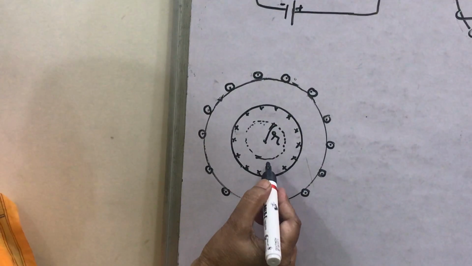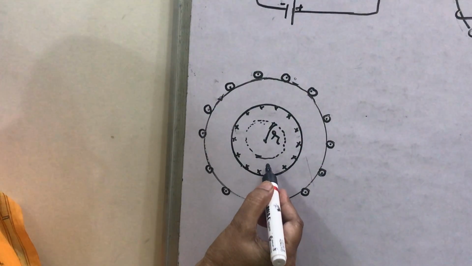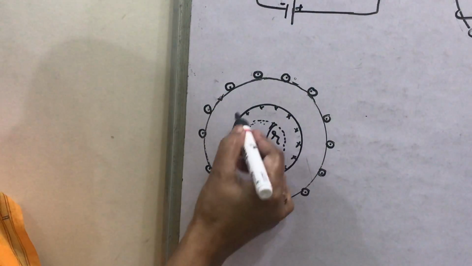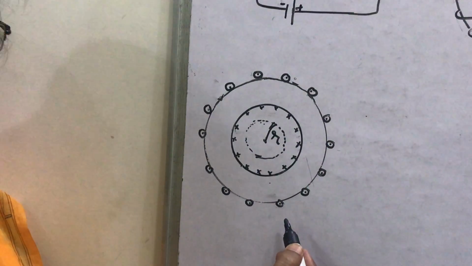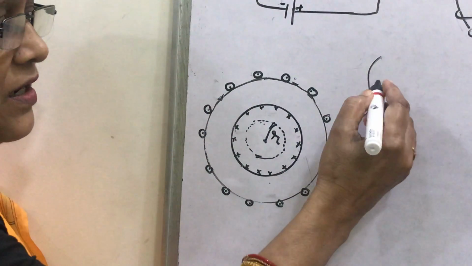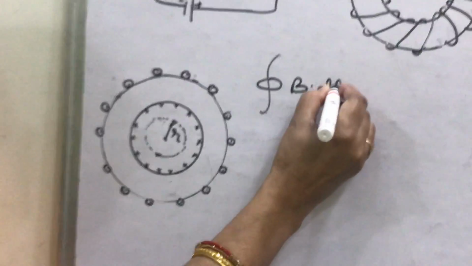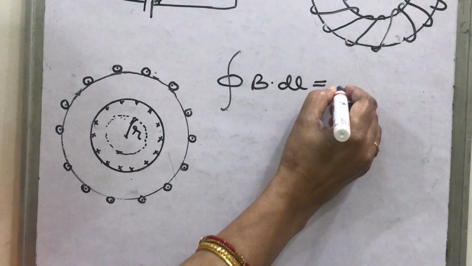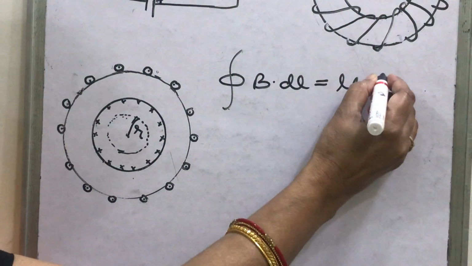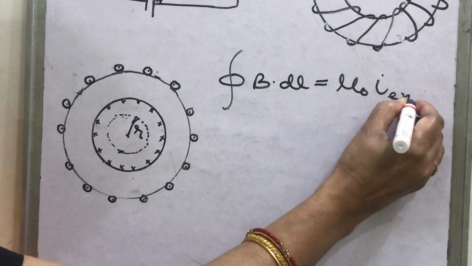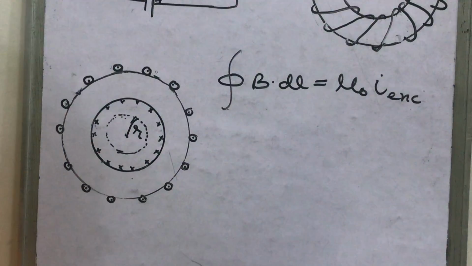For this loop, if we apply Ampere's circuital law, what is Ampere's circuital law? The line integral of magnetic field around a closed loop is mu naught times the current enclosed by that loop.